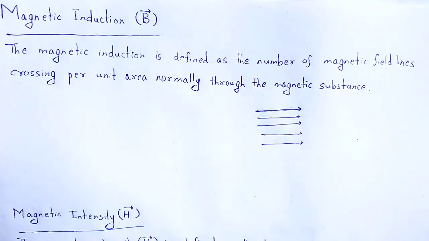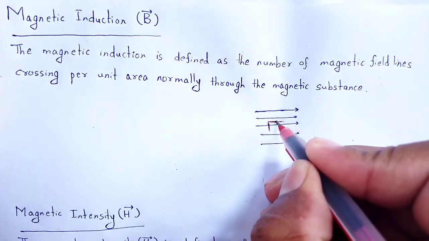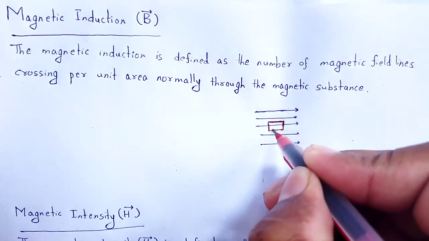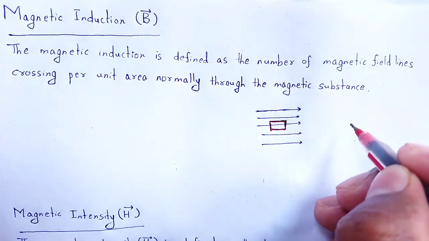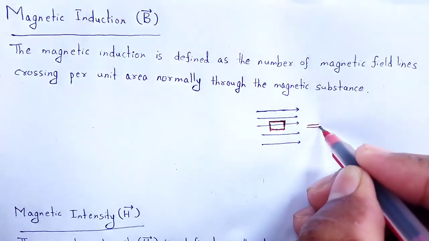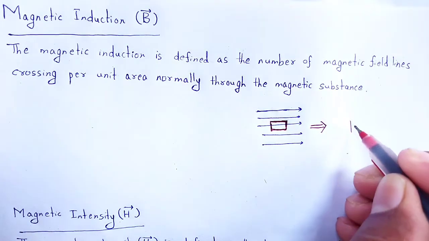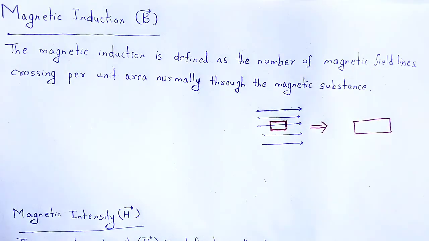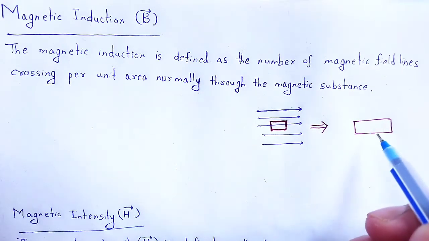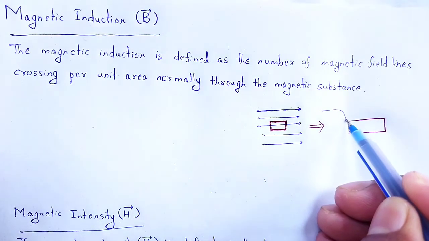Let a magnetic substance be placed in between that uniform magnetic field, then that magnetic substance gets magnetized. Here the magnetic lines of force pass throughout that magnet.